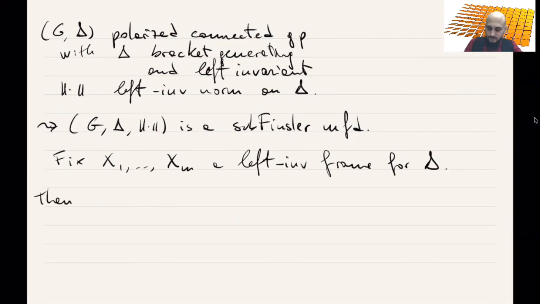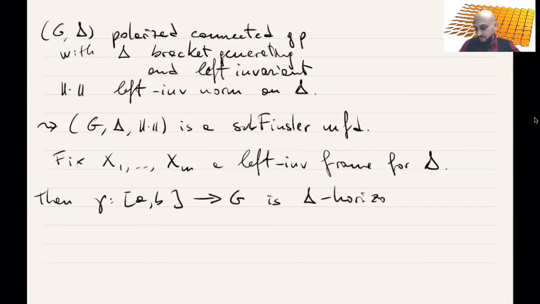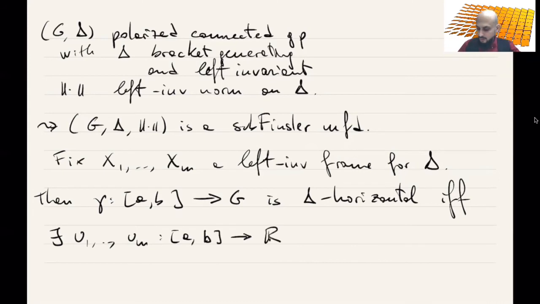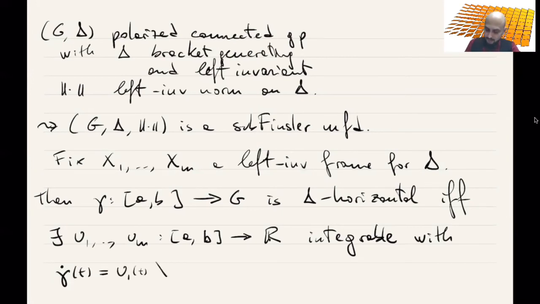Then a curve gamma from [a,b] into G is delta horizontal if and only if there exist integrable functions u1, ..., um from [a,b] into R, for which the derivative of the curve is given by the sum u1(t) x1 at gamma(t) plus ... plus um(t) xm at gamma(t).